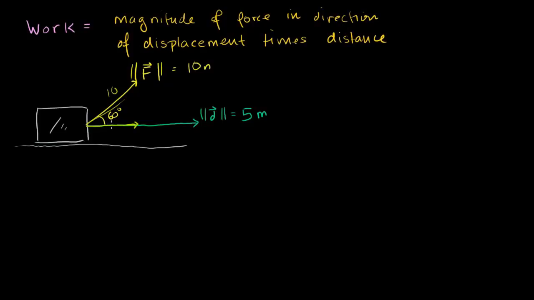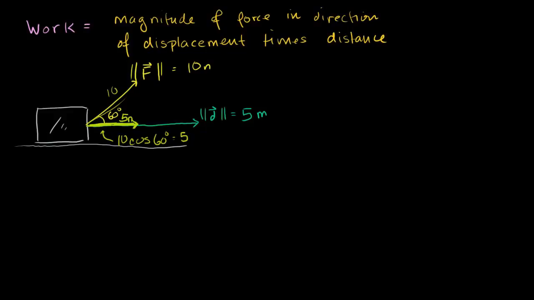With a little simple trigonometry, this is 10 times the cosine of 60 degrees. Cosine of 60 degrees is 1/2, so that's equal to 5. So the magnitude of the force going in the same direction as the displacement is 5 newtons.